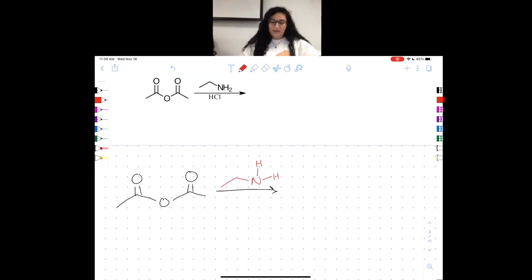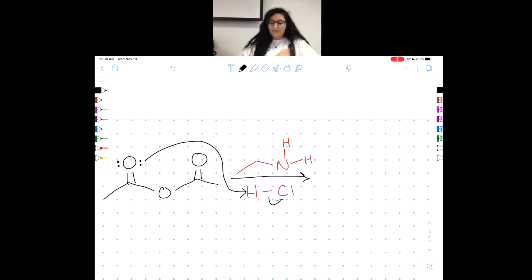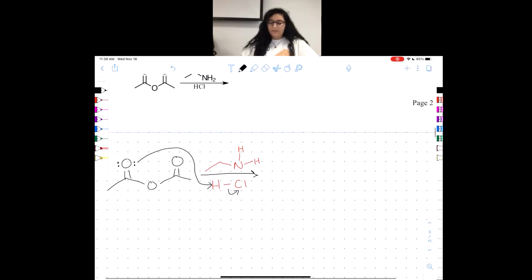So perfect. And when we react acetic anhydride with an amine in acid, we know that the first step is going to be protonating, right? Is there any difference between these 2 carbonyls? No. Perfect. I'm going to choose this one just because that's how I like to do it. So we're going to protonate. Once we protonate, we have that wonderful positive charge. Does anyone remember what Dr. West likes to call that step where we give our oxygen a plus charge?